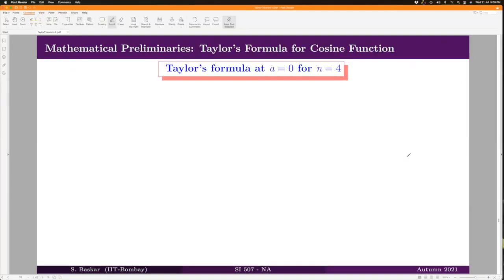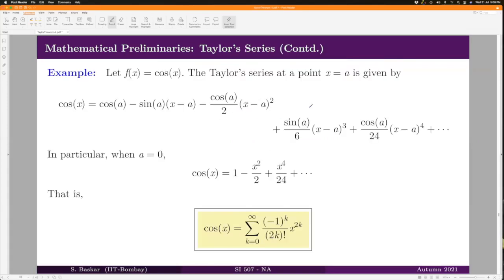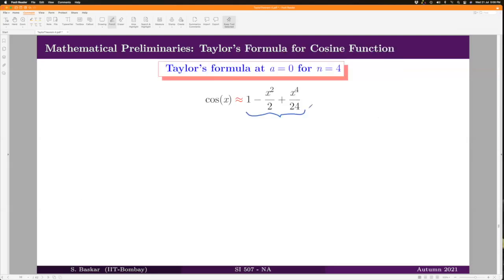So this is the series representation of cos x. We all know it. In particular, let us take a equal to 0 and write the approximation of cos x as the fourth degree Taylor polynomial, and it is given like this. Remember, we have to take k equal to 2 in this case, and what we have neglected in this approximation is the higher order terms, that is x to the power of 6 by 6 factorial plus x to the power of 8 by 8 factorial, and so on.